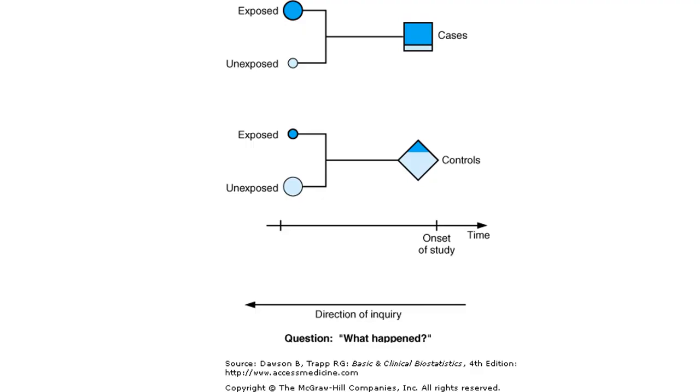Also notice the directionality of the time. As investigators, when the onset of the study is happening, the directionality of the time is going forward. On the other hand, the direction of our inquiry is actually going backwards to the past.